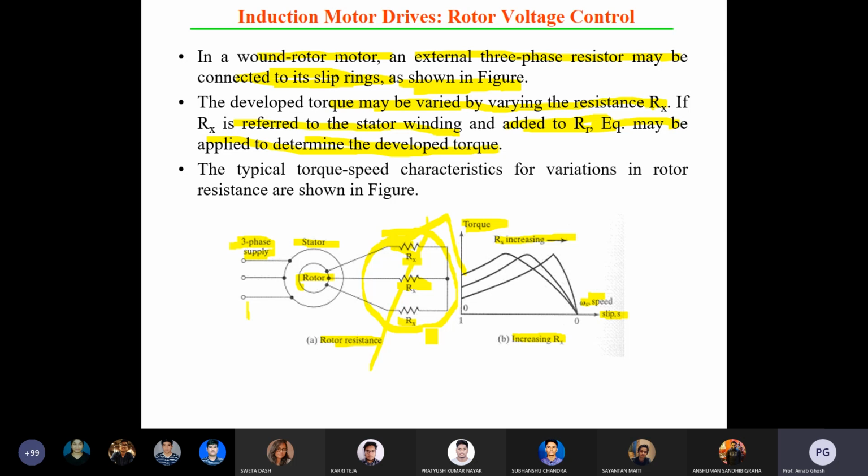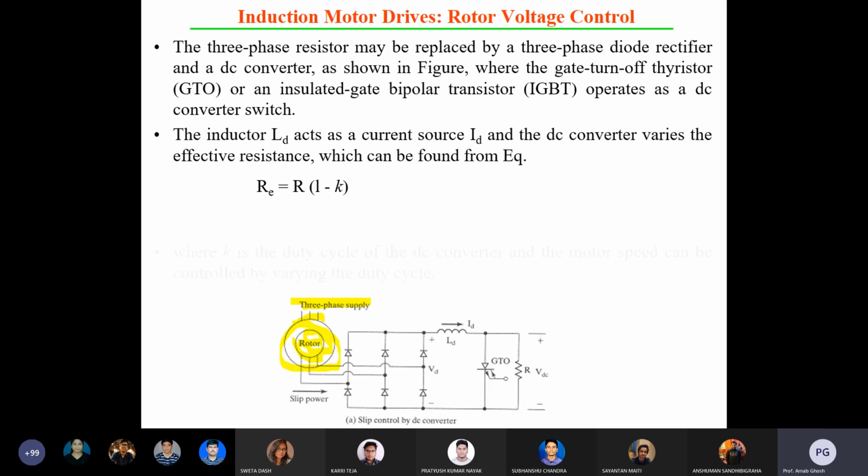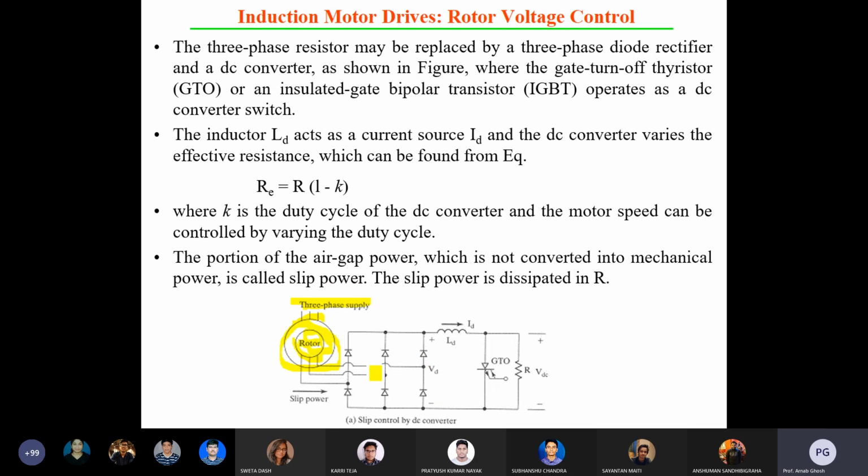So for a cost-efficient condition, you just change it. You replace all those variable resistances by a soft switch. So the switch is there, the rotor has an AC supply, and now you rectify that supply.